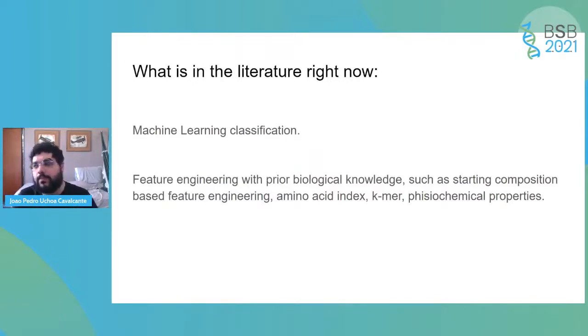If it's, let's say, a protein, people would get physicochemical properties of this protein. Another example, a starting codon, would be prior biological knowledge, things that we already know because we've studied them. But the problem is that the data we want to harness is data that has not already been studied, so we don't know anything about it.